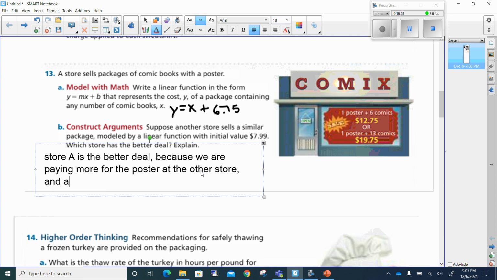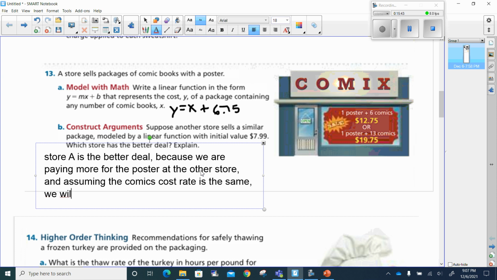And assuming the comics cost rate is the same, we will always pay more.